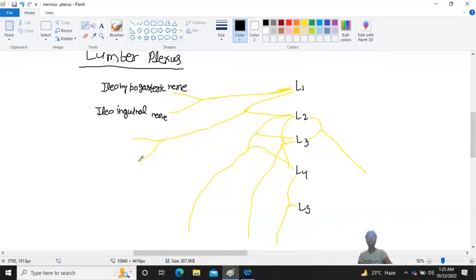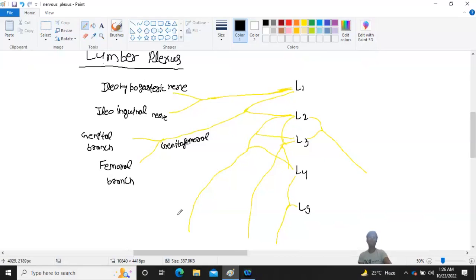This is the genital branch and this is the femoral branch. This is called genitofemoral.